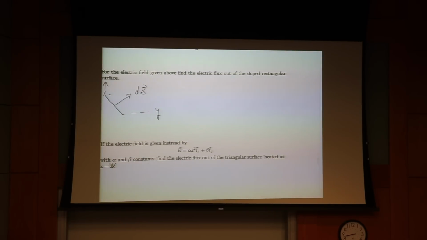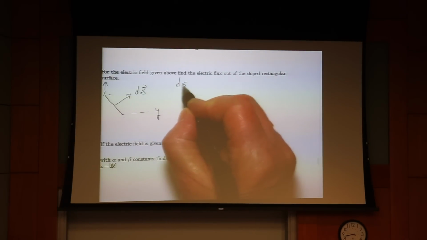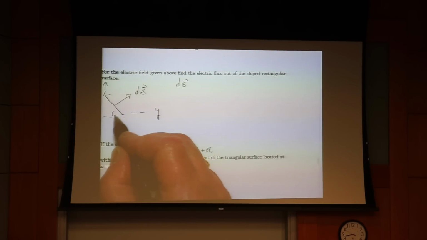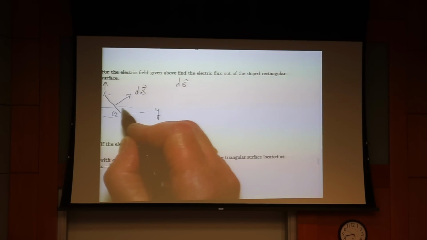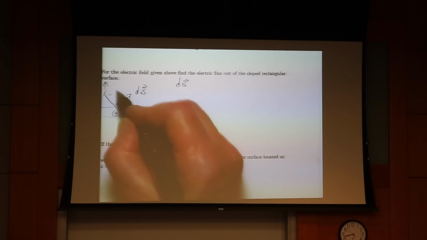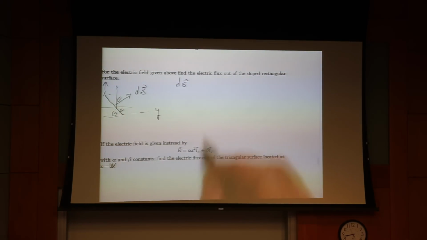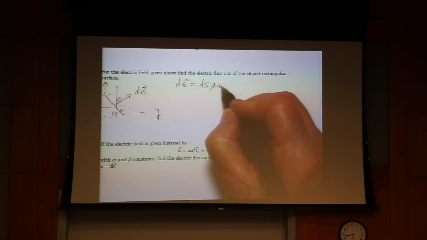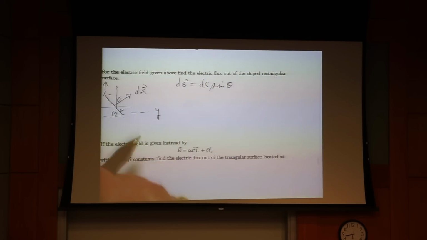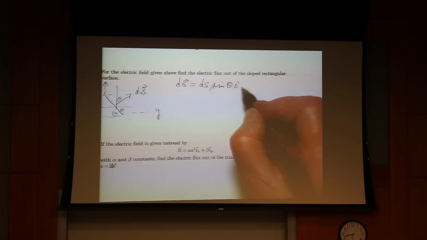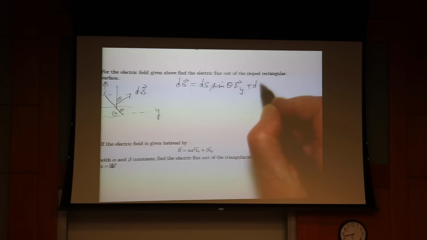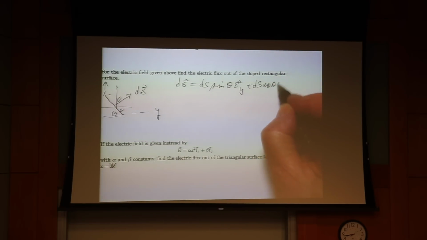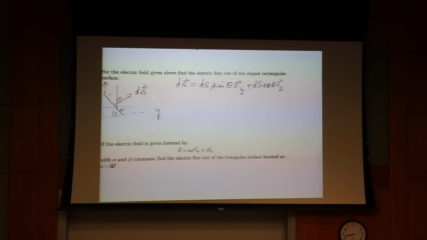Let's write ds in unit vectors so we can take the dot product. If this angle is theta, this angle will be theta, 90 minus theta, back to theta. So the ds vector will be its length times the sine of theta in the iy direction, plus the size of ds times the cosine of theta in the iz direction.